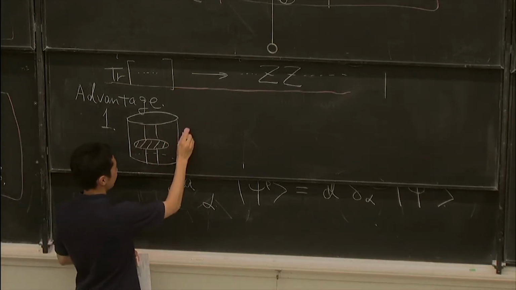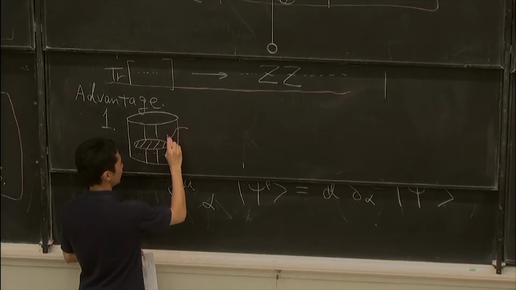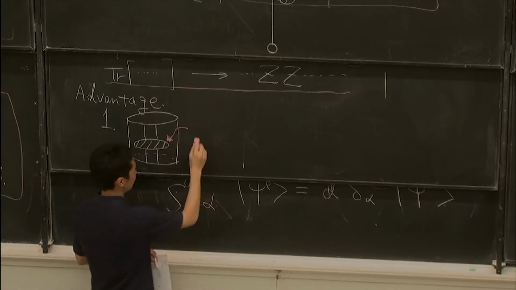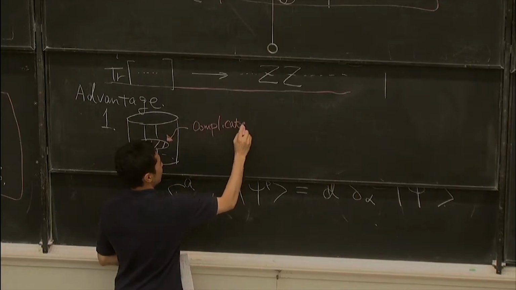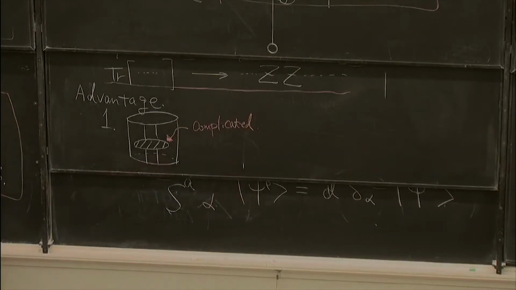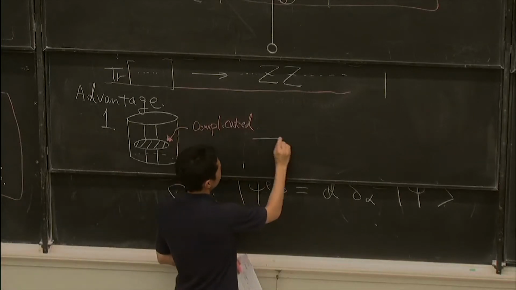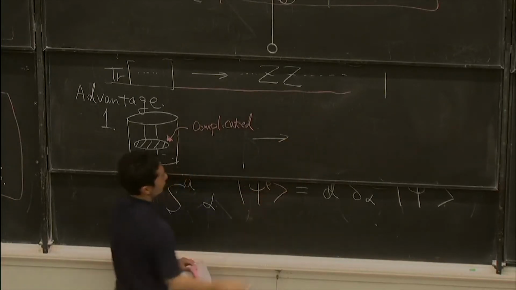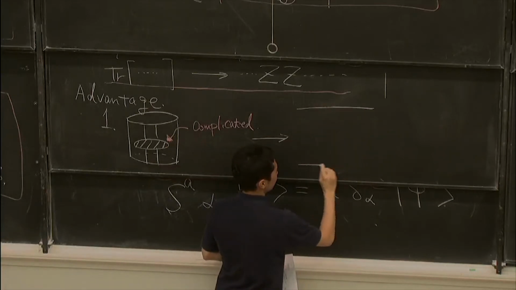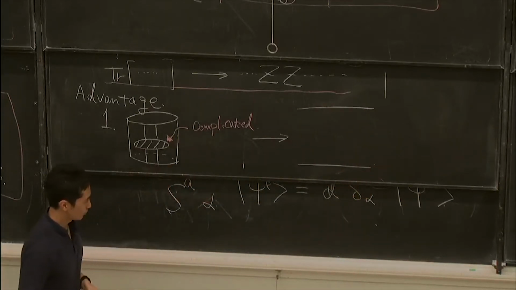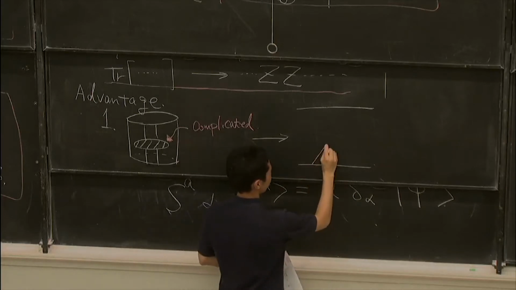And it's a little bit hard to keep track of the detailed dynamics and try to write down the Hamiltonian explicitly. But one advantage of considering an infinitely long chain is that now you can just study the problem using the S matrix.